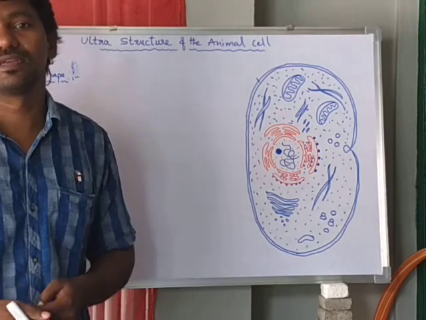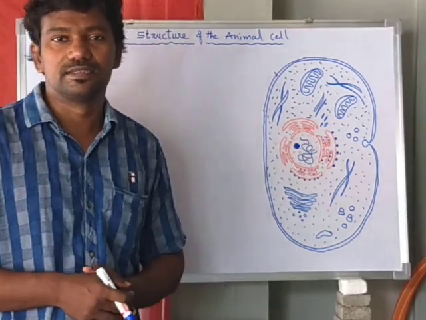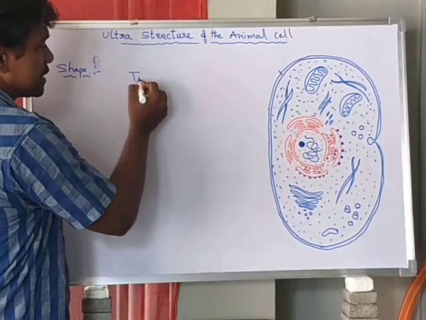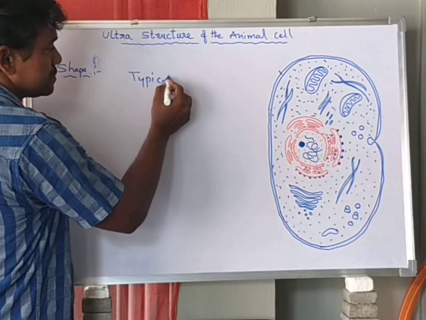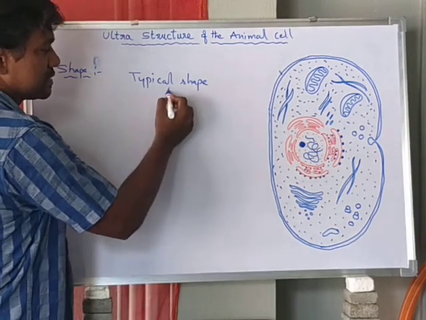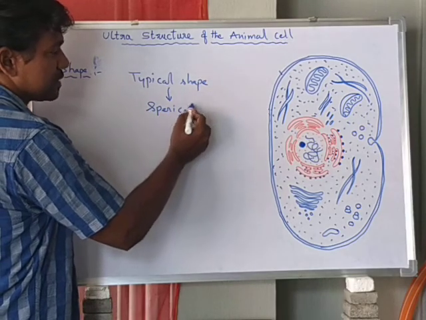But a typical shape of the animal cell is spherical. The common shape of the animal cell is spherical, like this.